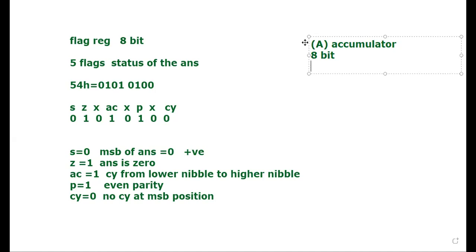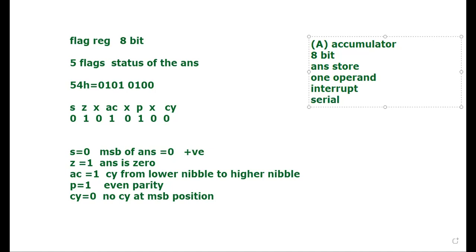Basically the answer is stored in the accumulator. Then one operand is in the accumulator, usually for arithmetic or logical operations. Then for interrupt masking we use the accumulator contents, or for serial input output we use the accumulator contents. All these things you can write about the accumulator.